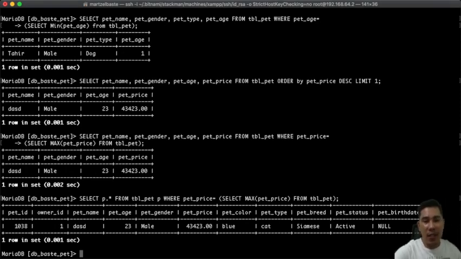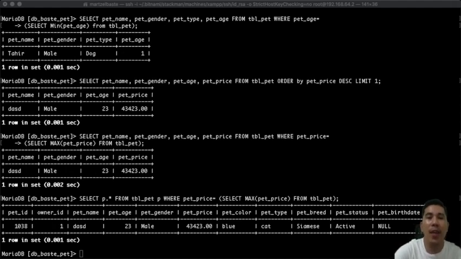Okay? Now, another situation will be, what if we're going to display the pet which is a female dog, which must be the highest and at the same time lowest. Its gender must be female, and its type is cat.